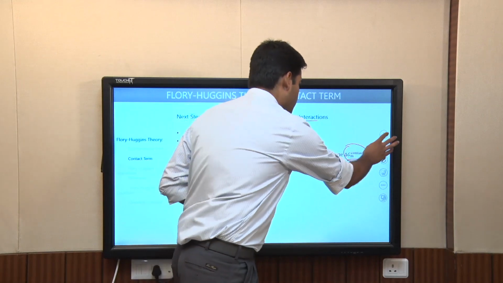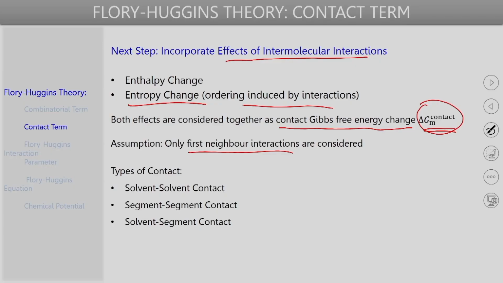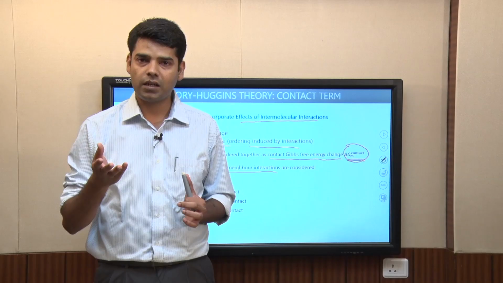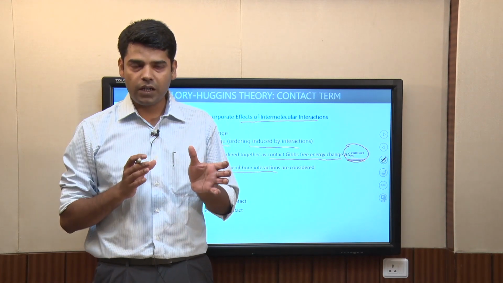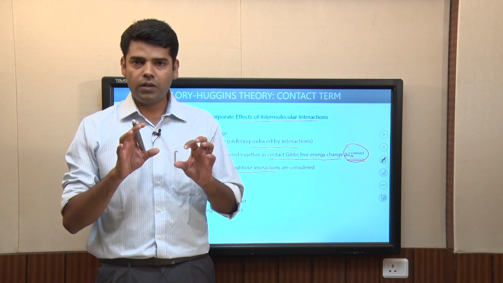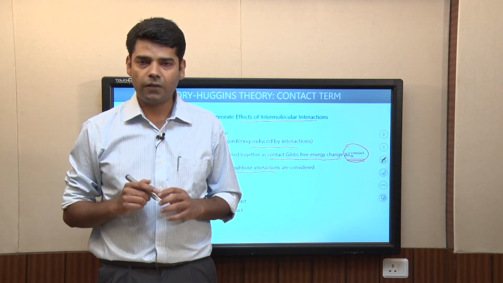So, let us talk about the different types of contacts that might be present when we form this polymer solution, which contains solvent molecules as well as polymer molecules, which in turn are composed of polymer segments. We can have solvent-solvent contact, where two solvent molecules are close to each other and interacting with each other.